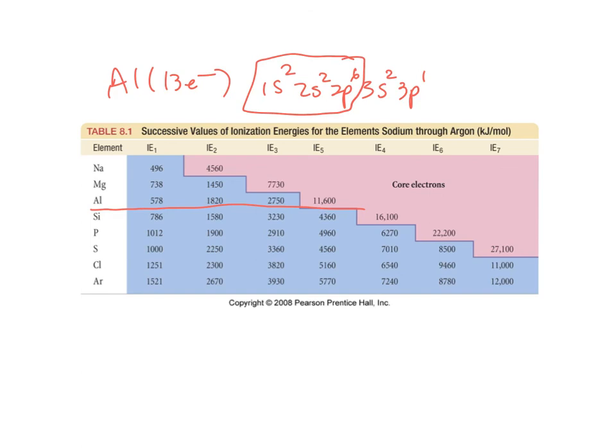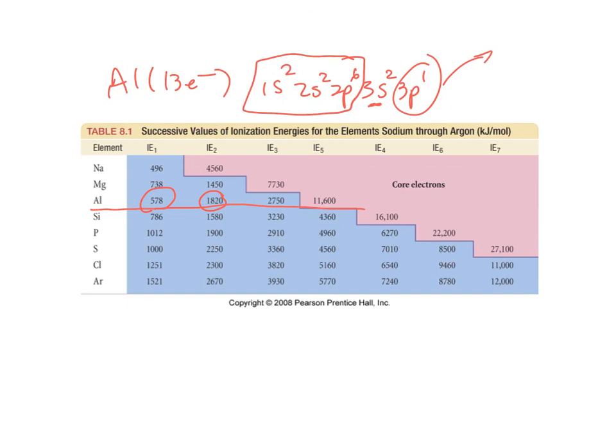So now to pull the first electron off, it takes 578 kilojoules. That's this one right here. Out it goes. Then you have to break this pair, right? There's stability associated when you have spin up, spin down. The orbital has 2 electrons in it. So it's going to take way more energy, 1820, to pull that second electron out compared to the first one.